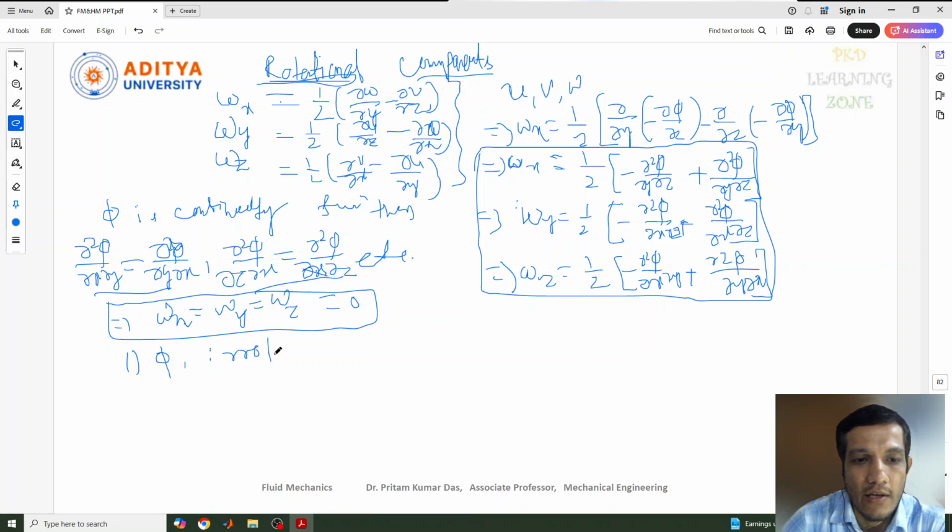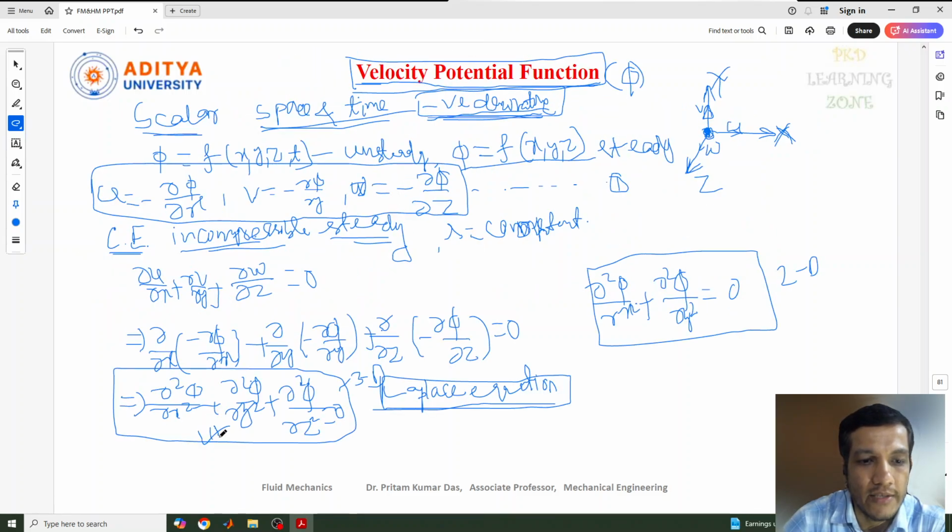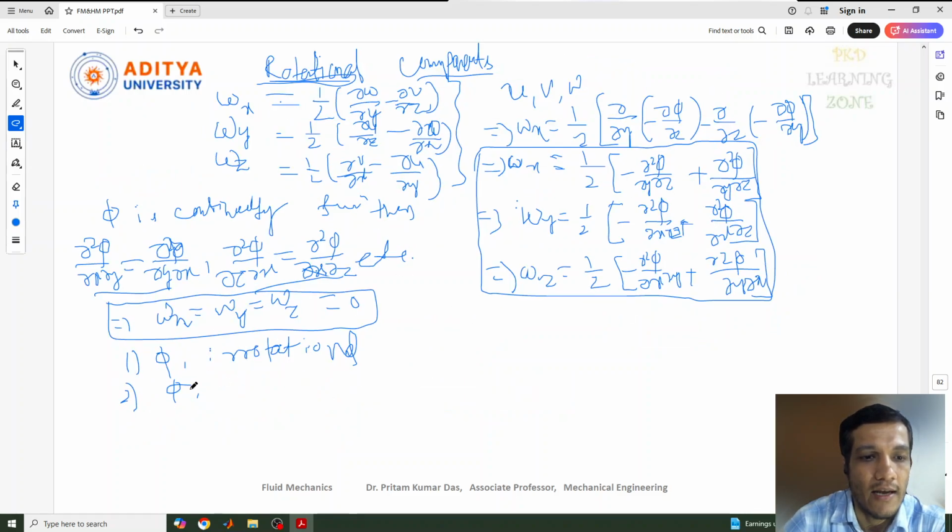And second one, if phi satisfies the Laplace equation, what I told you previously. This is the Laplace equation.